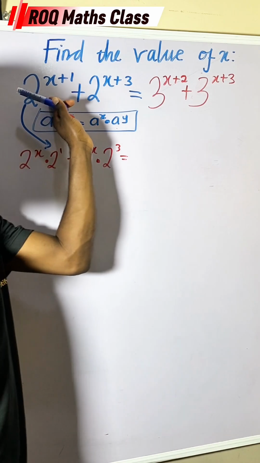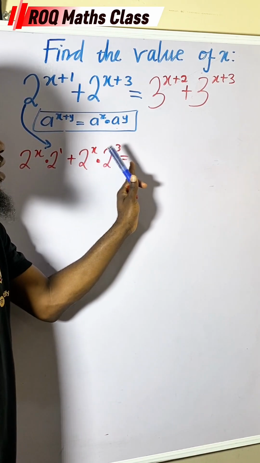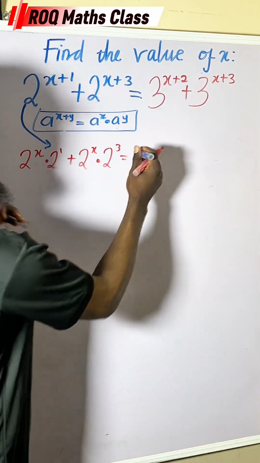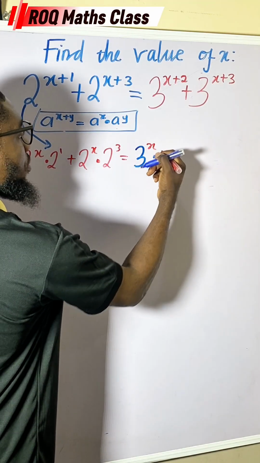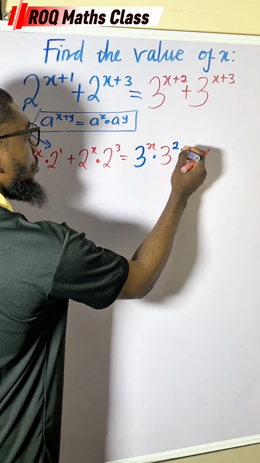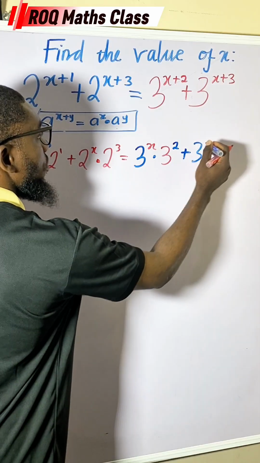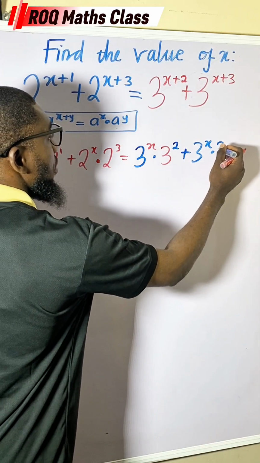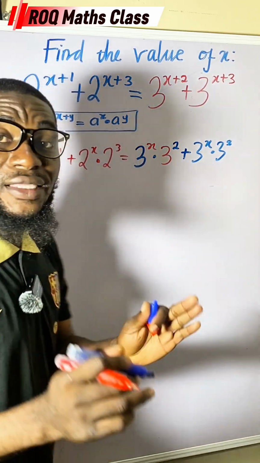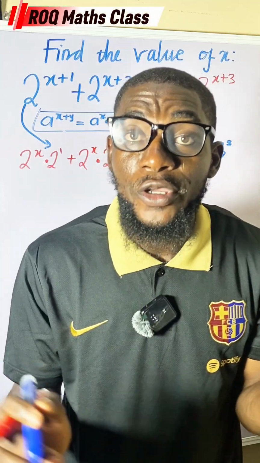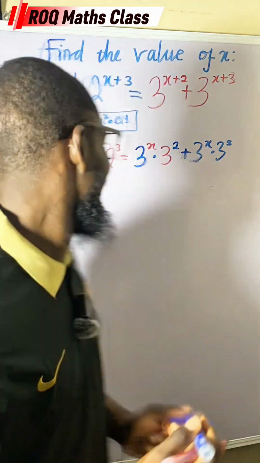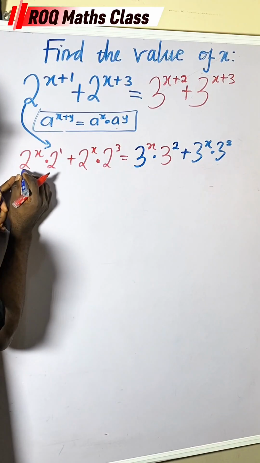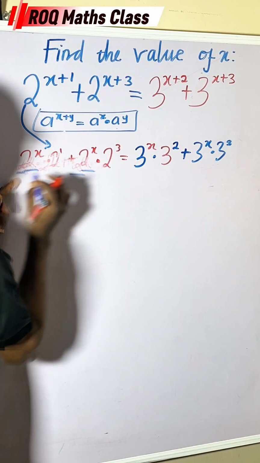We are done with this left hand side. The right hand side equals, this can also be written as 3 to the power of x multiplied by 3 to the power of 2 plus 3 to the power of x multiplied by 3 to the power of 3. By doing this now, you are almost done with this question. Like I said, these two are common, so we can factor it out.